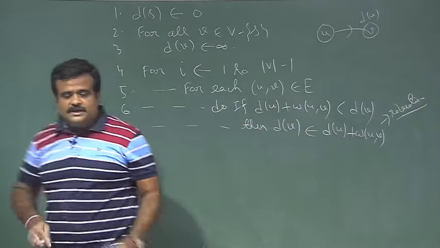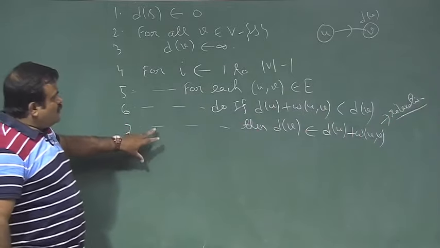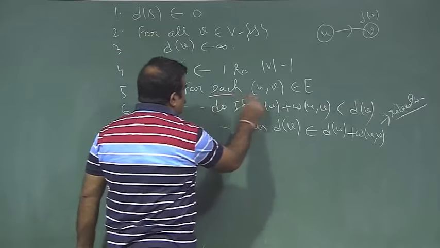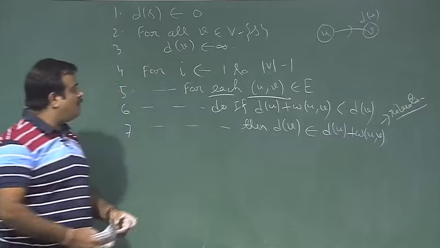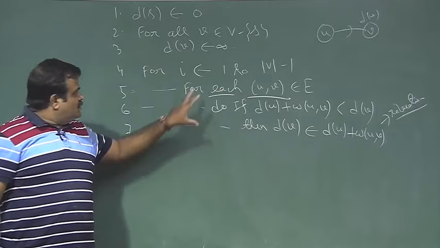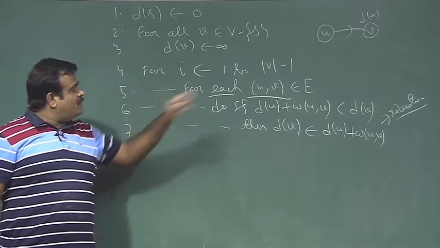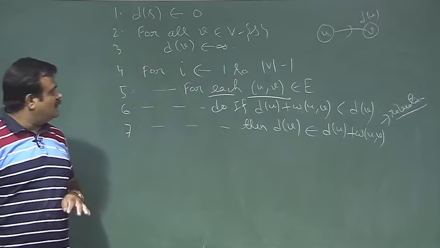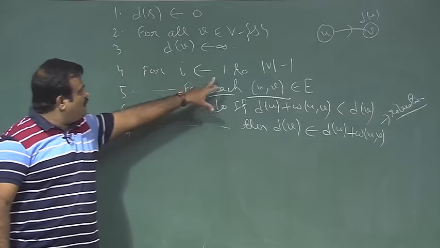And how many times are we doing this? We are doing this for all edges, so this is the inner loop, and the outer loop runs V minus 1 times. Why V minus 1 times? We will come to the correctness of this algorithm, where we will see why.